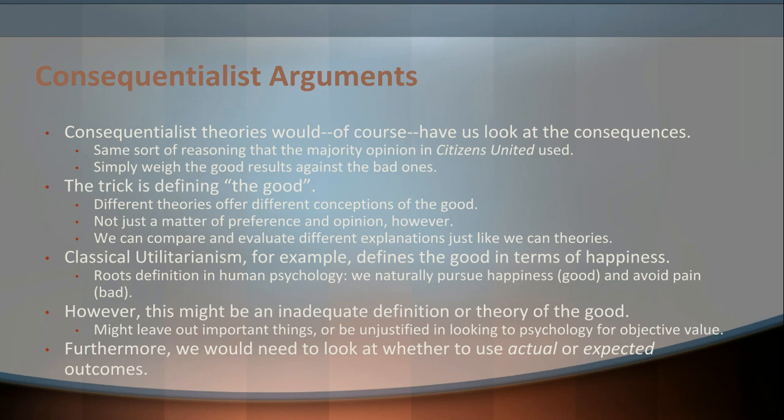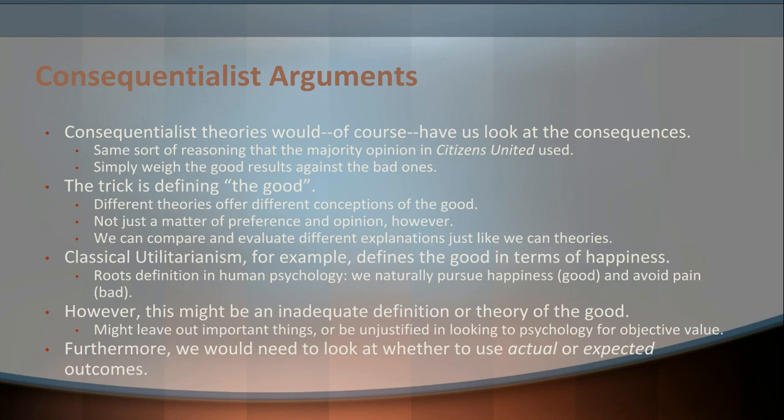We're looking at the results of an action, of how we treat animals or how we spend our money in each of those two examples, and we say, well, what is the best result? What action produces the best possible consequences?